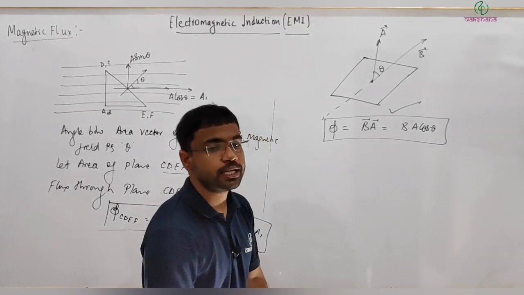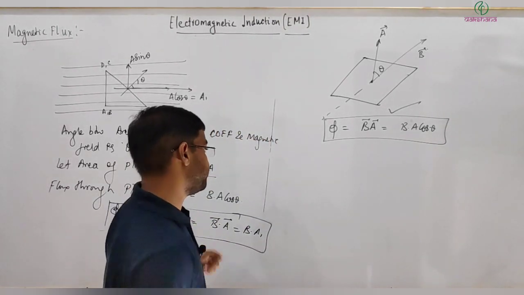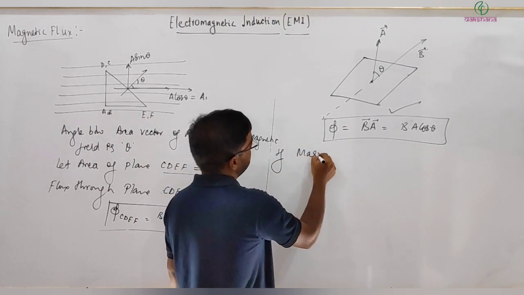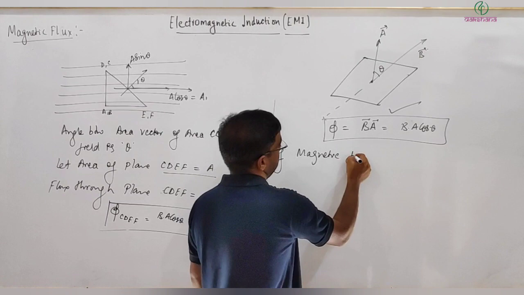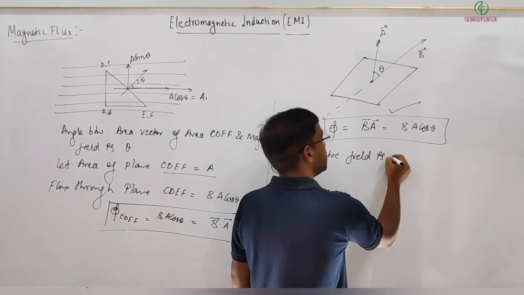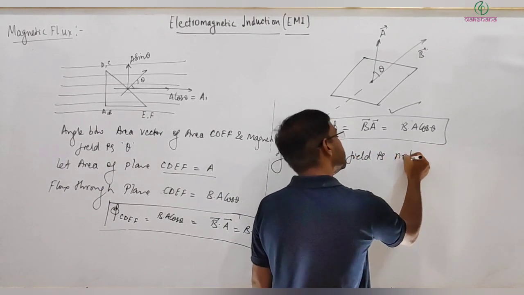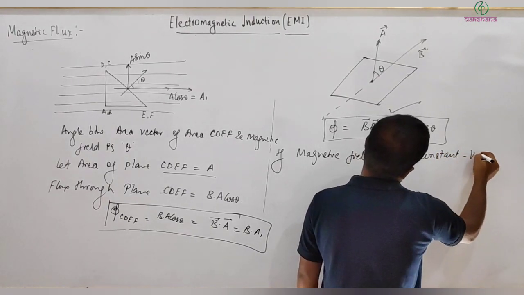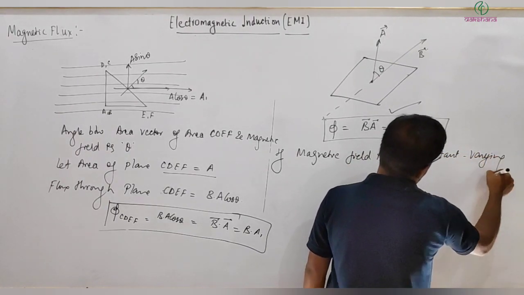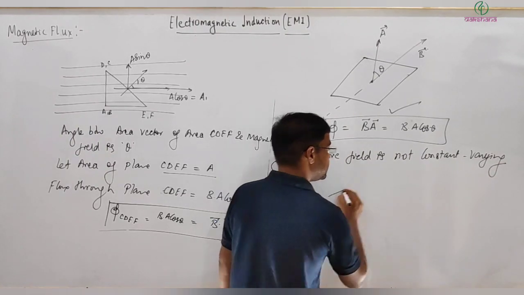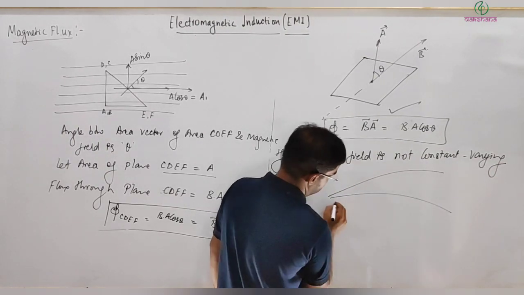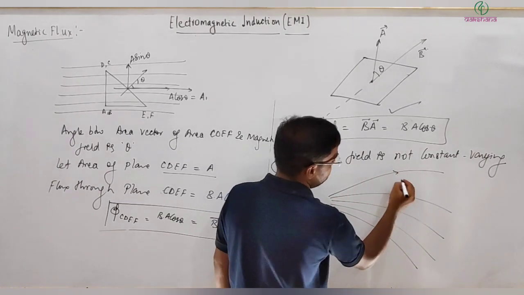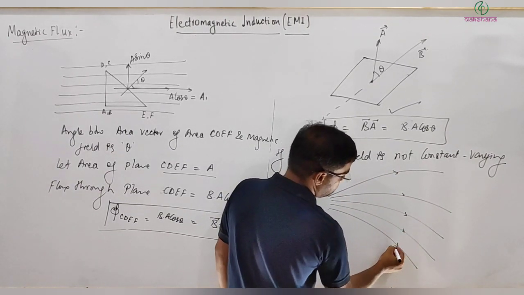In the situation where the magnetic field is not constant, or means it's varying, that means the field line density is also not constant, which automatically proves the magnetic field is not constant.